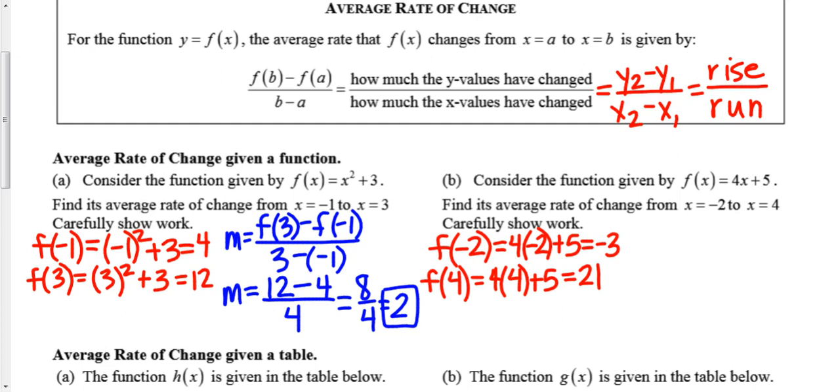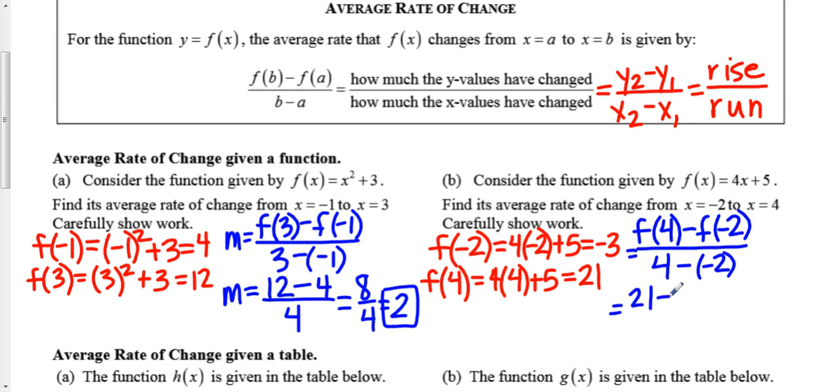Now we are going to substitute these values into the formula that was given to us. So we will be finding f of 4 minus f of -2 divided by 4 minus -2. Now, we know what f of 4 is. F of 4 is 21 minus f of -2 is -3.